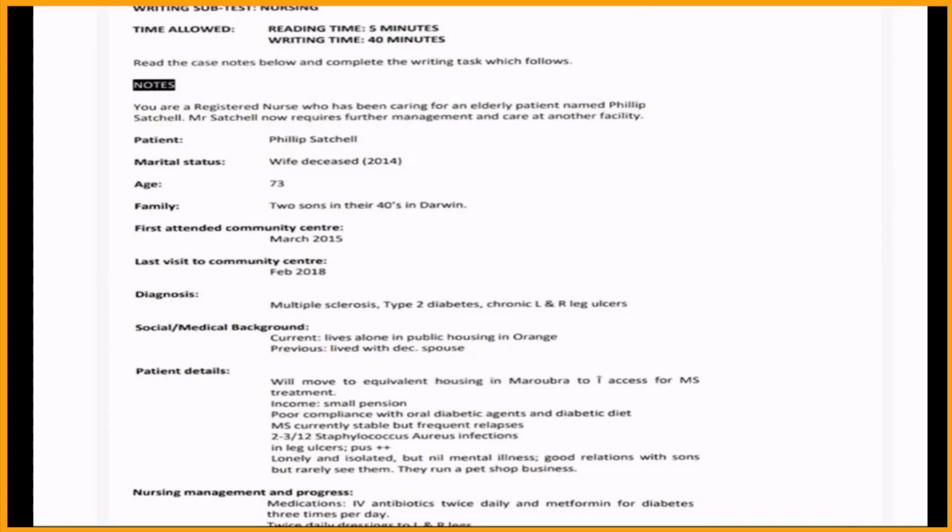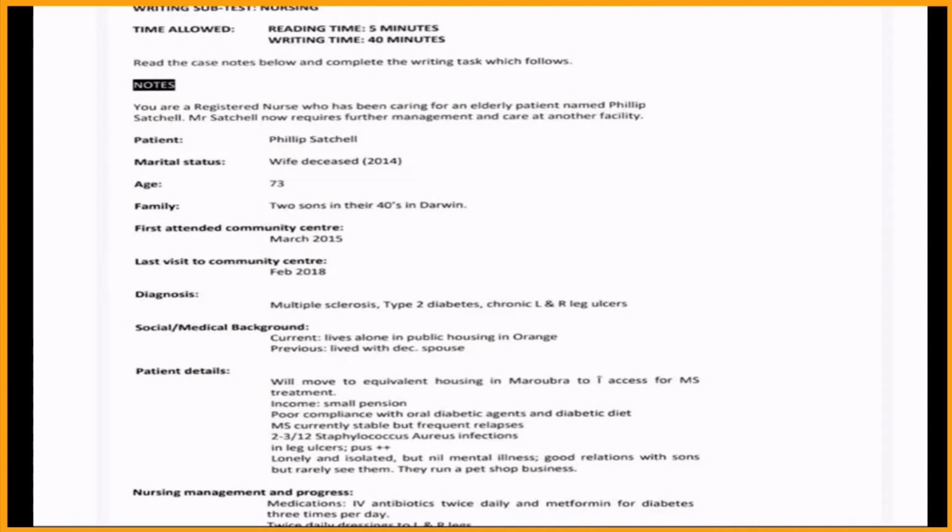First attended community center in 2015, and the last visit to the community center is 2018. For the diagnosis, they have given 3 diagnoses: multiple sclerosis, type 2 diabetes, and chronic left and right leg ulcers.